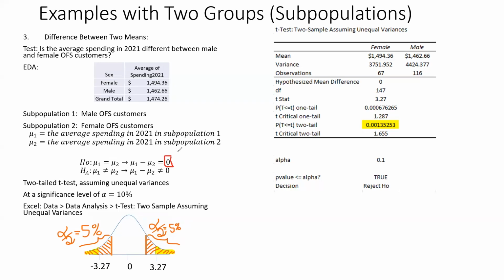That's what your hypothesis is. But because we're just starting with a simple case, are they just different from each other? When I subtract mu2, the null becomes that they're equal. And so when I subtract mu2, I get 0 here. So I'm going to use this as my hypothesized mean difference.